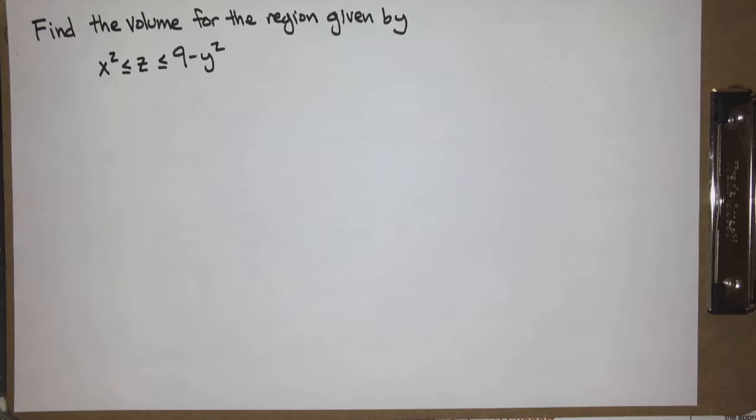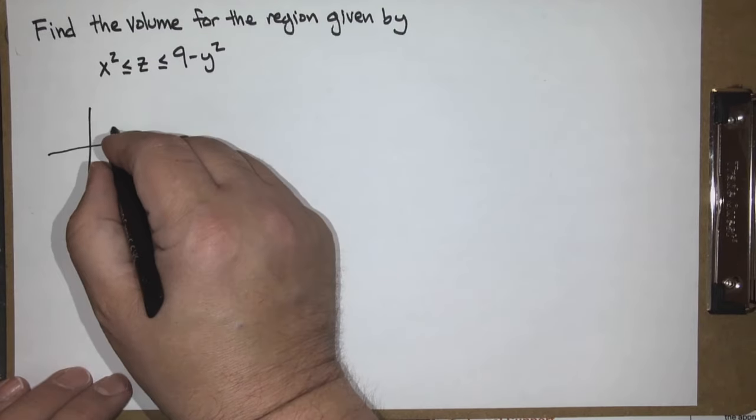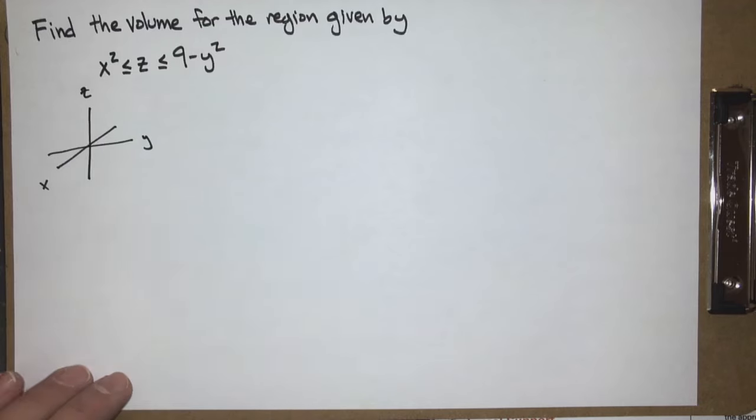Now, you might say, wait a second. There's no r's and thetas in here, Steve. Uh-oh, you messed up. Well, it happens to me all the time. If you talk about z equals x squared, what does that look like? I see people drawing with their fingers.